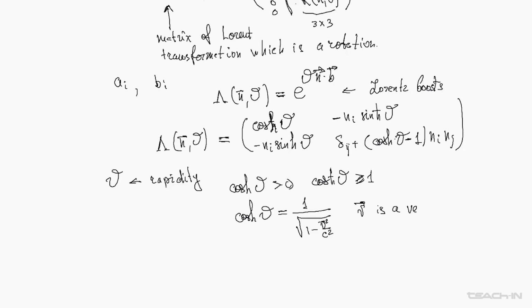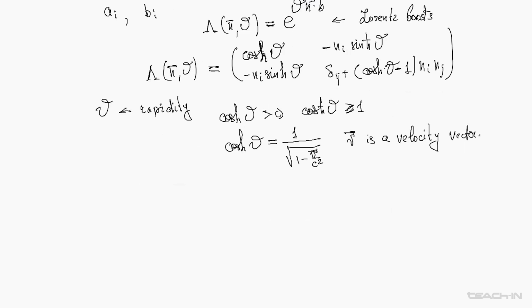So rapidity is related to velocity by means of this formula. Rapidity is a scalar variable, while velocity is a three-dimensional vector. Here c is the speed of light.